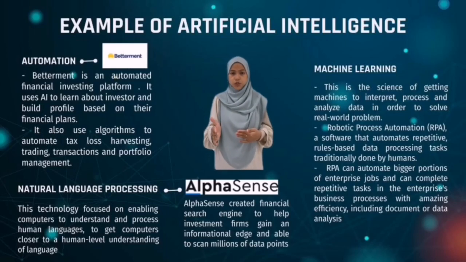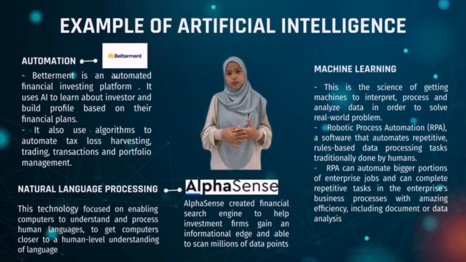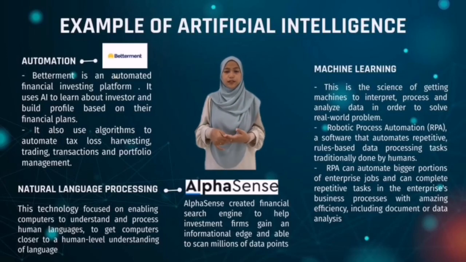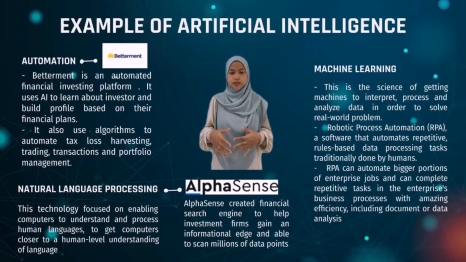robotic process automation (RPA), a type of software that automates repetitive, rules-based data processing tasks traditionally done by humans. So, RPA can automate a bigger portion of enterprise jobs, enabling RPA's tactical bots to pass along intelligence from AI and respond to process changes.